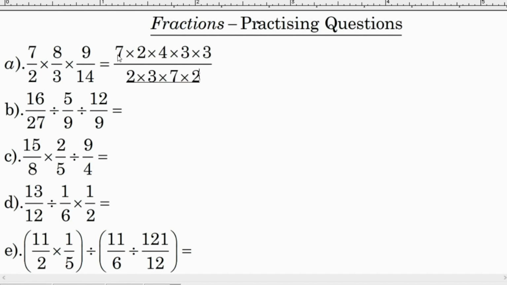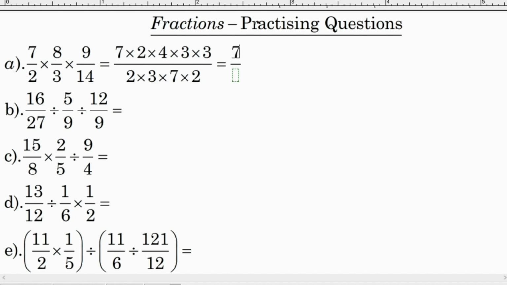Now what we can see here is 7 multiplied with 2 in the numerator and 7 multiplied with 2 in the denominator, so we can simplify that, and 3 and 3 are equal. So I want to simplify the numbers of the numerator with the numbers of the denominator.